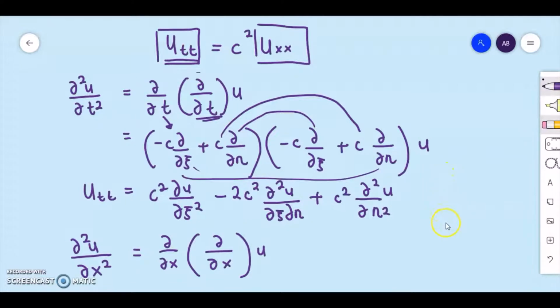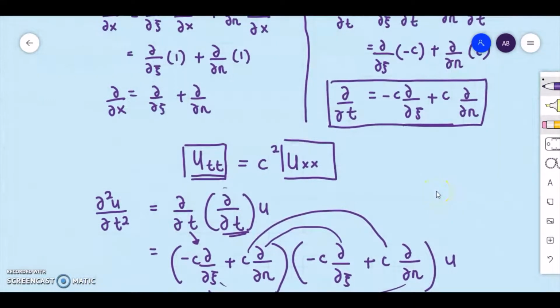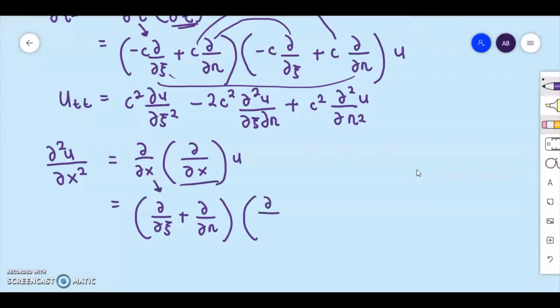Now what is partial over partial x? This is the one we have computed earlier on: partial over partial xi plus partial over partial eta. Let's substitute that for this term here. Now I will have 2 of that, and then don't forget my u term.